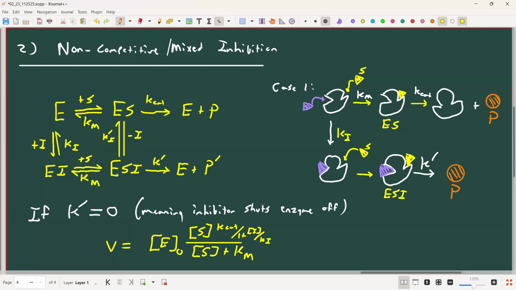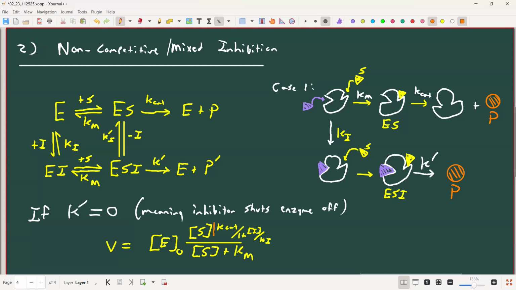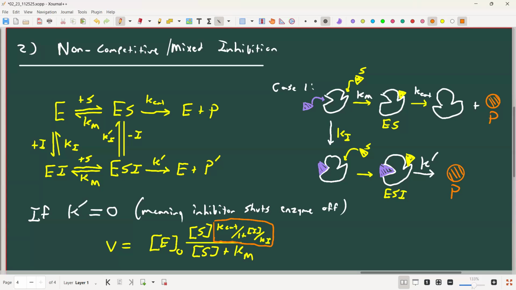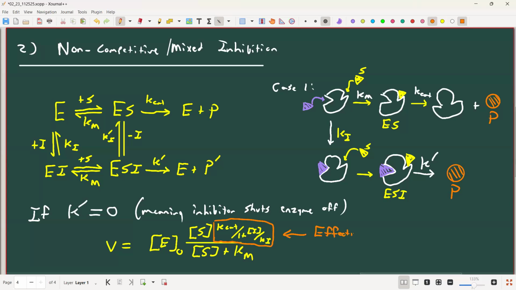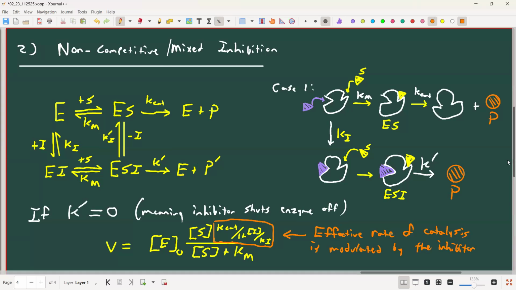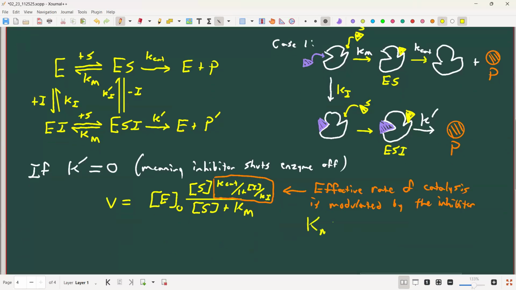So in this situation, the important thing is that now instead of the binding getting affected, where Km is getting modulated by the inhibition denominator, now K-cat is getting modulated. So what this does now is it says that the effective rate of catalysis is modulated by the inhibitor. It doesn't change how the enzyme binds to the substrate. Km is left unchanged.